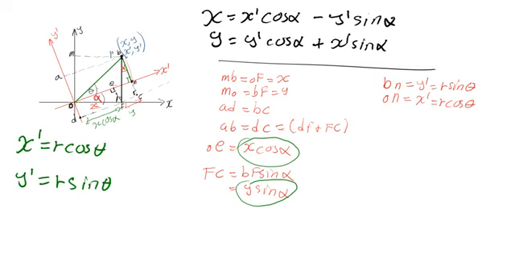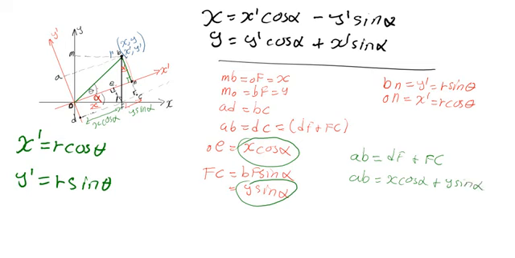What you have to keep in mind is that we have said our AB is equal to DF plus FC. So our AB is equal to our DF, which we found to be x cos alpha, plus our FC, which we found to be y sine alpha.